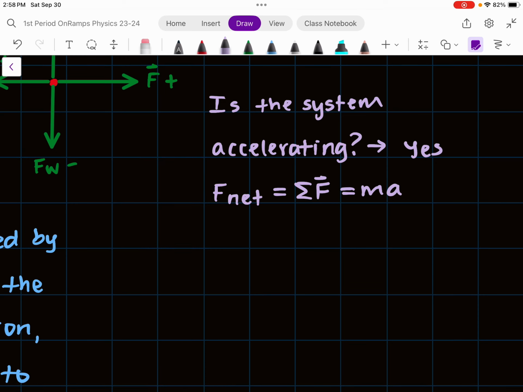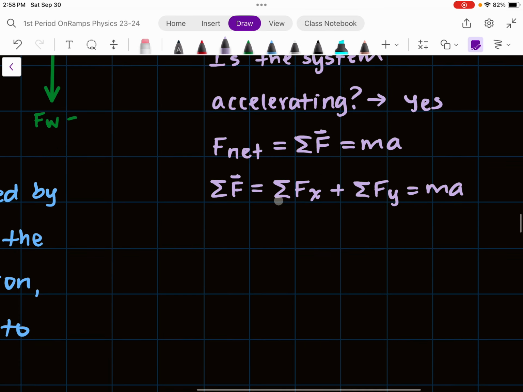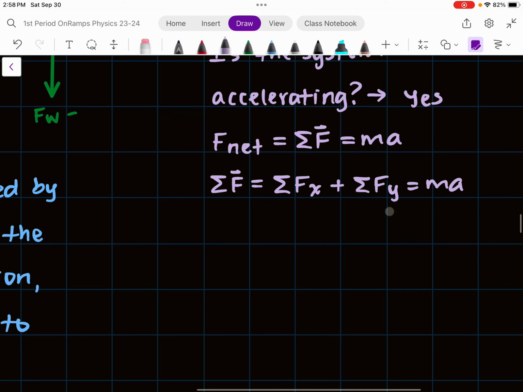So then that means that the sum of the forces, meaning the forces acting along the x plus the forces acting along the y, has to be equal to mass times acceleration. Okay? Now, let's start with the forces acting on the y for this one.